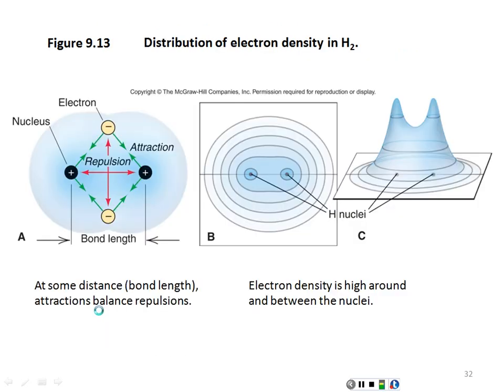Your book likes to show these electron density figures. And I think this is a pretty good figure to tell you why the bond length is what it is. You have these forces. You have attractive forces between the nuclei and the electrons. But you also have repulsive forces between electron and electron and between nuclei and nuclei.